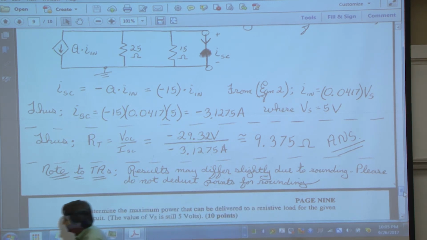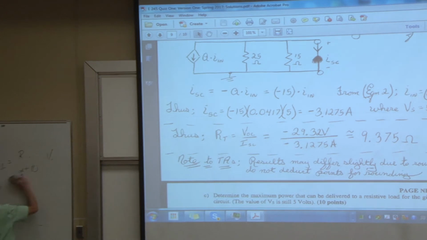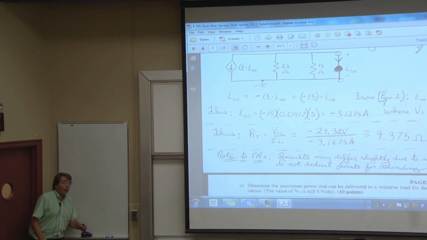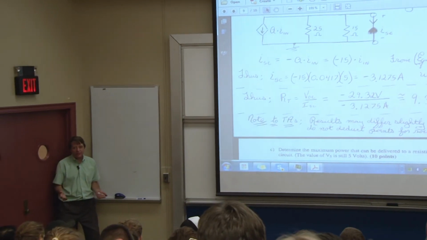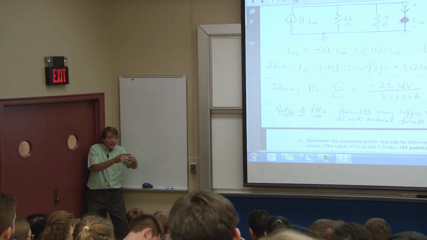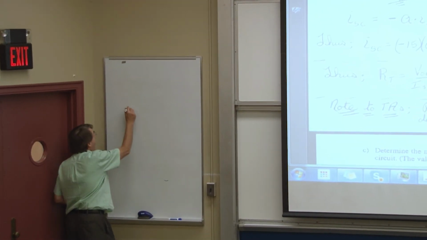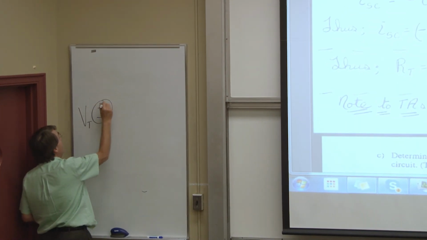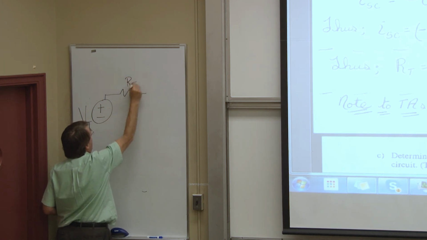Now, what part B of the problem did, and this is so beautiful, I know when you have the stress of the exam, it's hard to see this. We have taken a complicated amplifier circuit, and from the outside looking in, it's V Thevenin, R Thevenin.